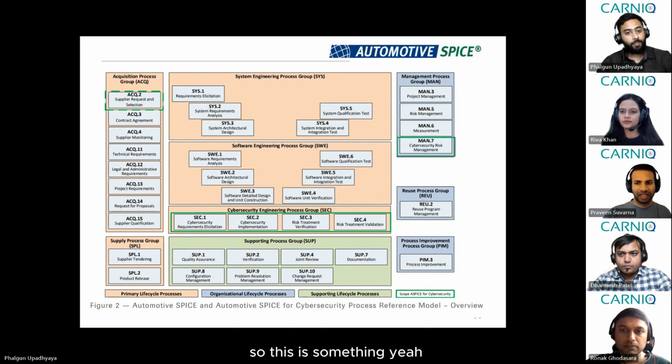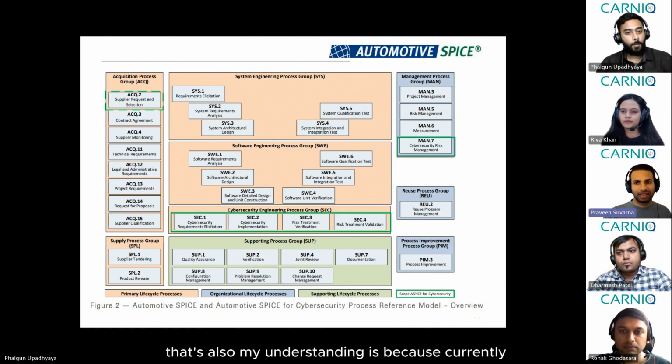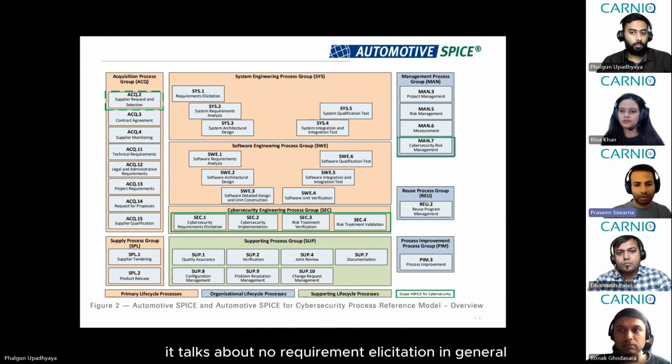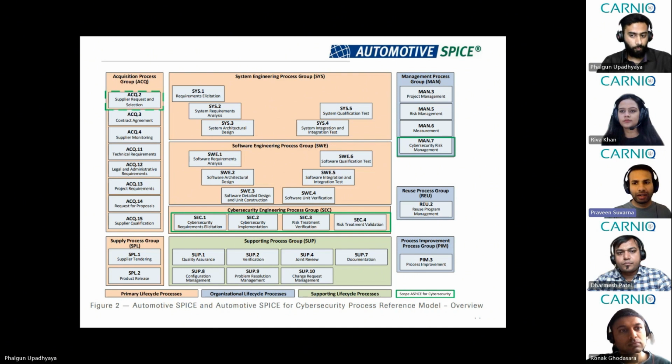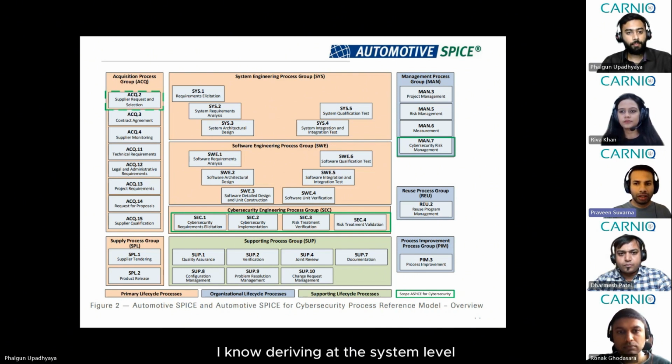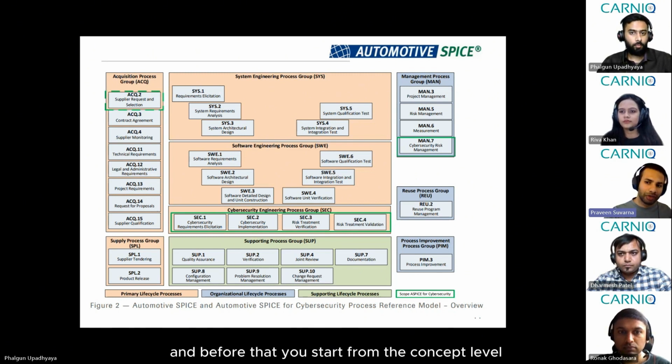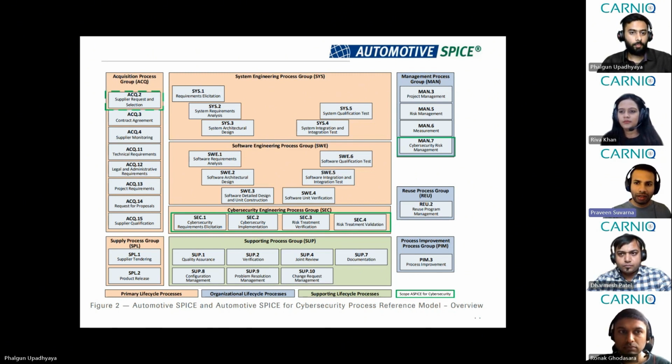Exactly. That's also my understanding, because currently it talks about requirement elicitation in general. It doesn't differentiate between deriving at the system level, the software level, and the hardware level. We are normally used to seeing different chapters in functional safety: you go to software, then hardware, you start from the system, and before that from the concept level.